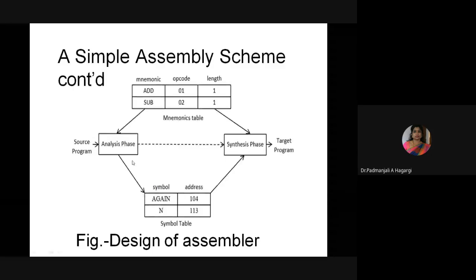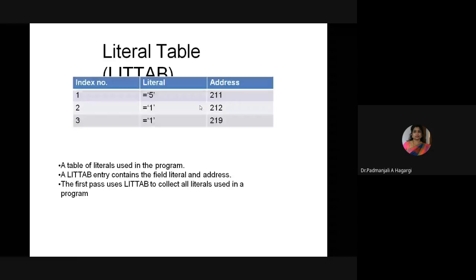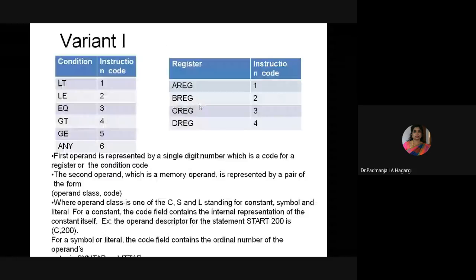As in the analysis phase, it also takes information from the symbol table and makes it ready for the synthesis phase, and it generates the target program. To produce the target program, it also takes the necessary requirements from the table, that is the mnemonic operation table. So in the pass 2 algorithm also, the same thing happens as we have seen.